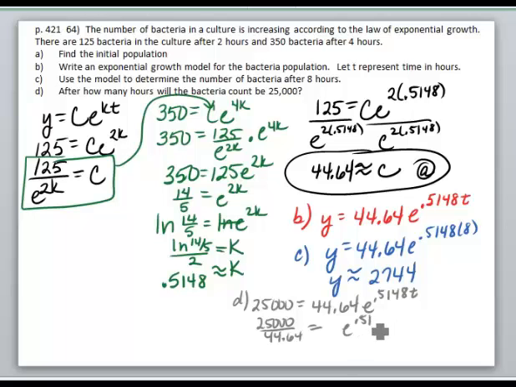I will then have to ln both sides. So that leaves me with t being approximately, once you take this divided by 0.5148, you get 12.29 hours. I know a lot of this is using your calculator, so make sure you're practicing using the calculator.